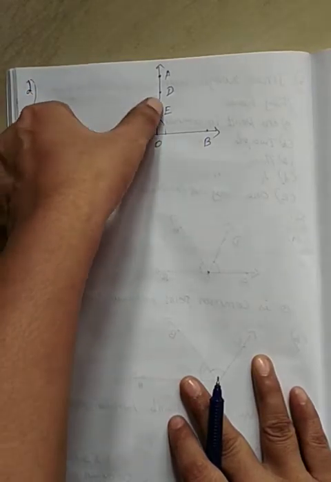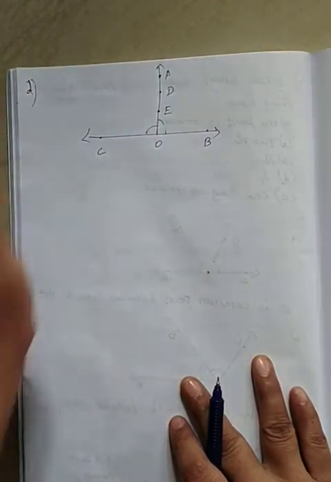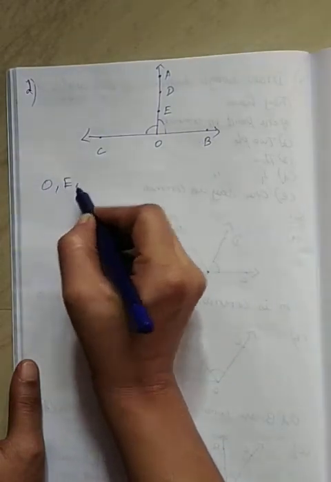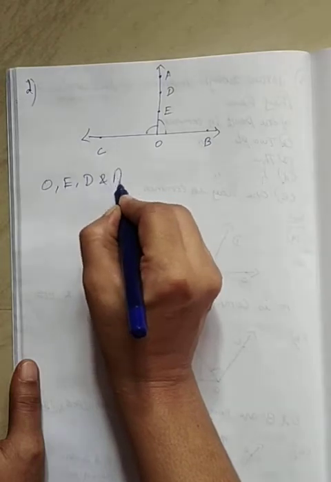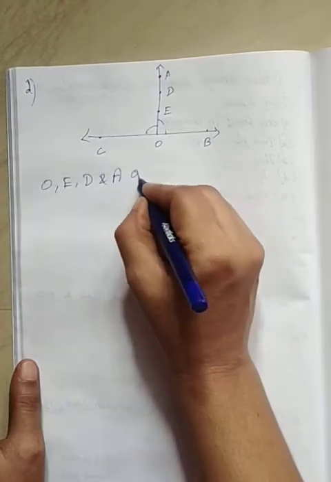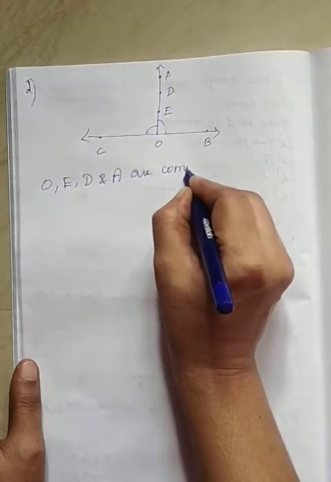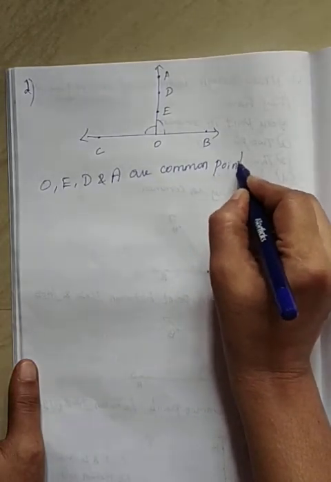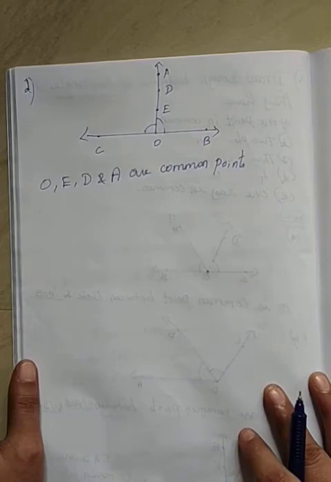See, O, E, D, A. So, here you can write O, E, D and A are common points. Clear?